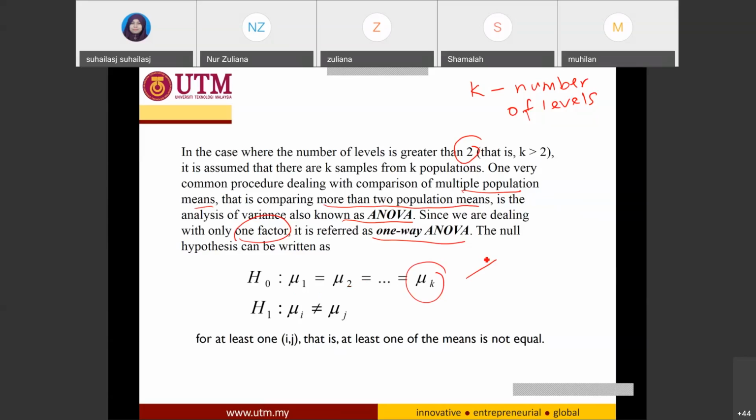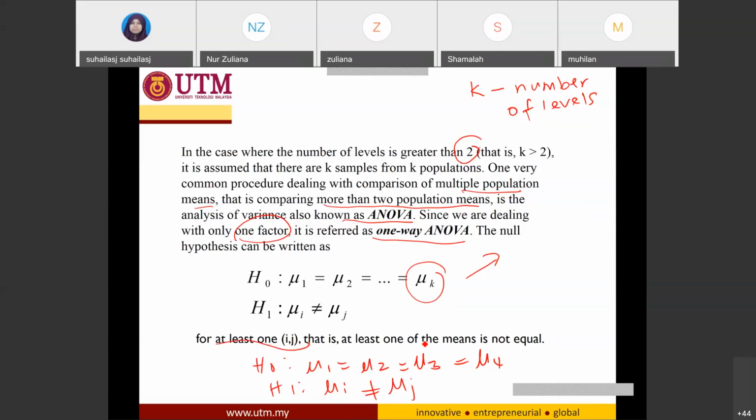The mu k depends on the number of levels you have. In the example earlier, you have mu1, mu2, mu3 equals mu4. For the alternative, you write mu i is not equal to mu j for at least one pair i, j.